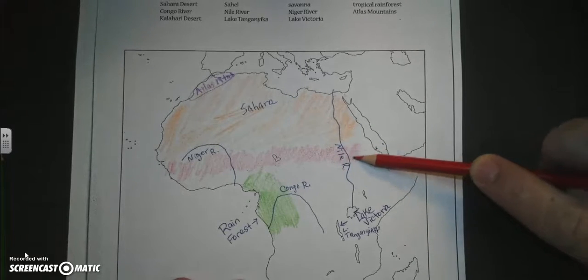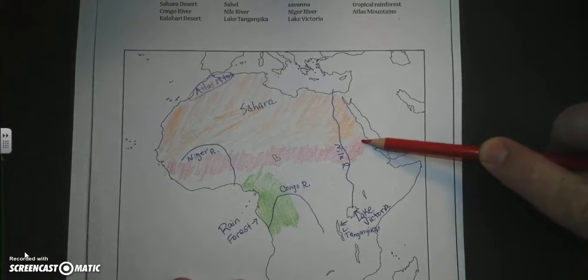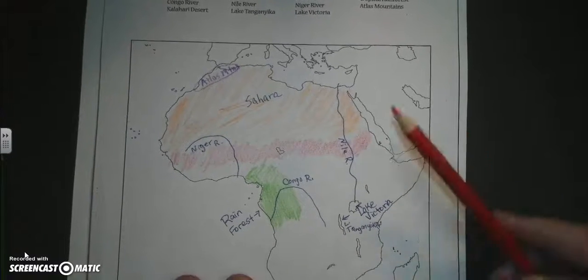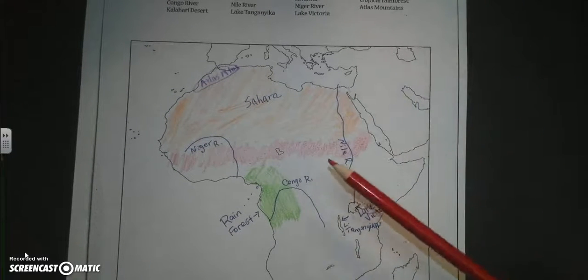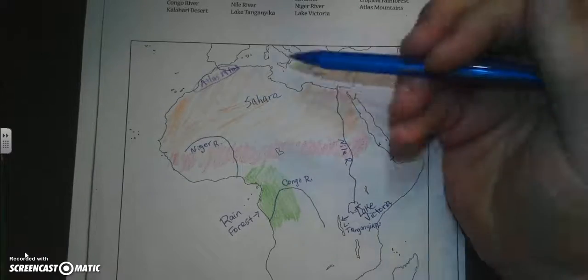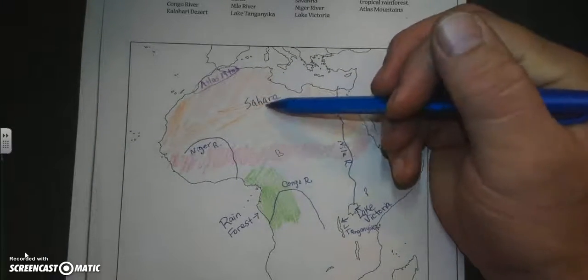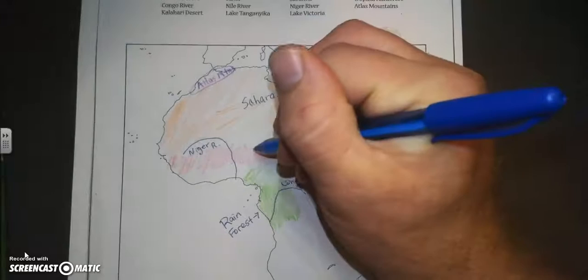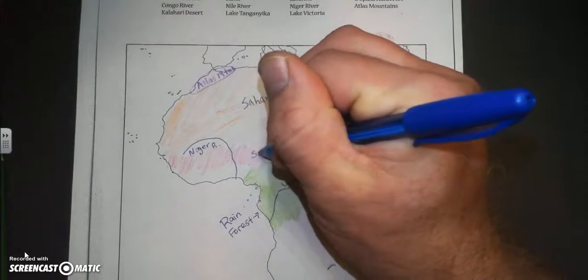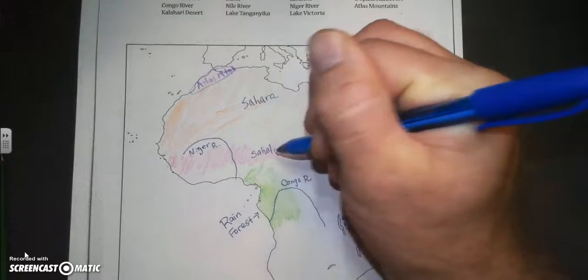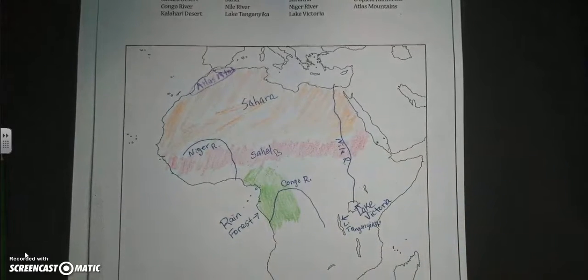And it's really just going to be a line that's going to be drawn in and around and below the Sahara. So, if I say that this is a transition zone between desert and rainforest, we're going to have some different biomes that are going to be found here. This is the Sahel. Okay?